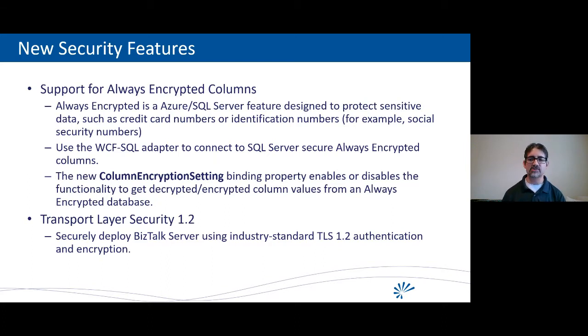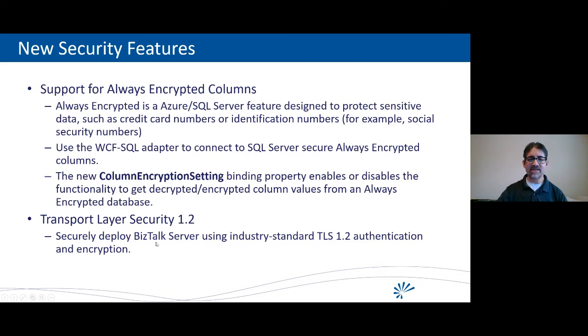And so now BizTalk Server can take advantage of the Always Encrypted feature through the WCF SQL adapter within BizTalk Server. And additionally, new security features include the addition of TLS 1.2.